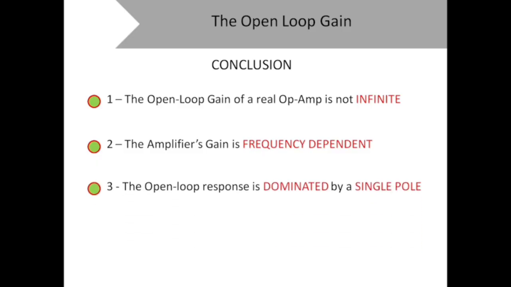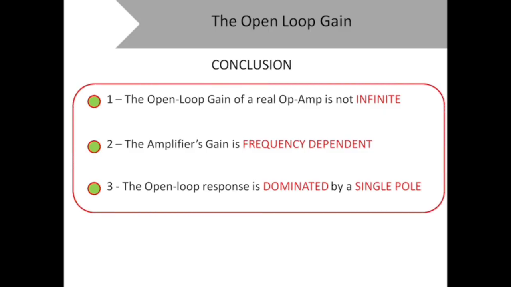The open loop response is dominated by a single pole. This dominant pole is intentionally introduced through internal compensation to ensure stability and reliable operation. So, understanding these non-ideal characteristics is essential for designing stable and accurate analog circuits.